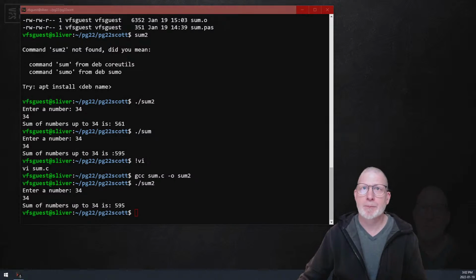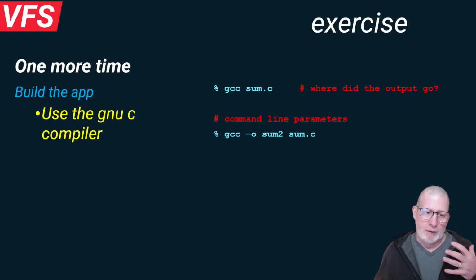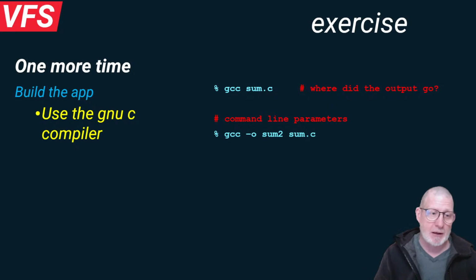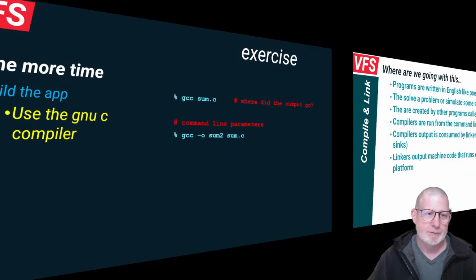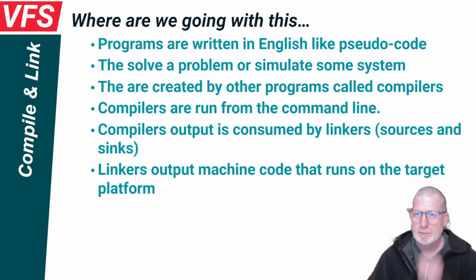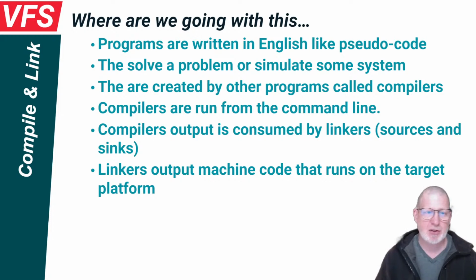So the slides give you the command line for how to build that application. At the end of the day, all programs are kind of written in this pseudo-like English language, whether it's C or Pascal or Fortran or Kotlin or Swift or C++ or C#.